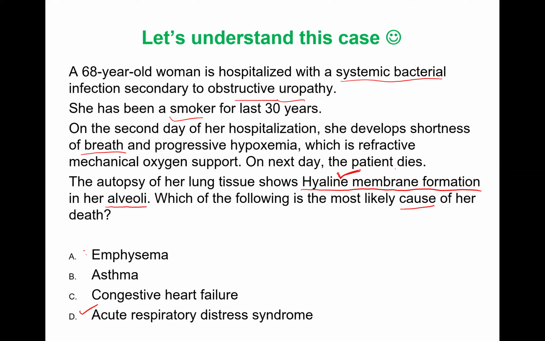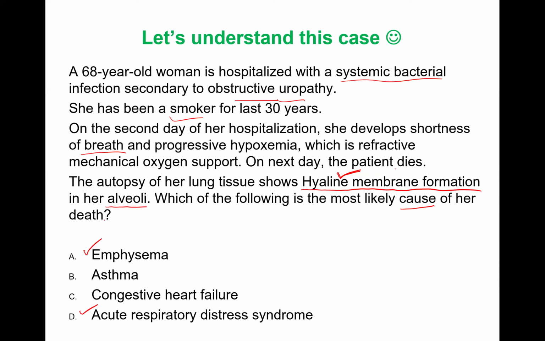Why didn't we go for emphysema? Because emphysema is a chronic obstructive pulmonary disease of longer duration. The patient slowly develops hypoxia, not to the level of causing death within an acute period of time.